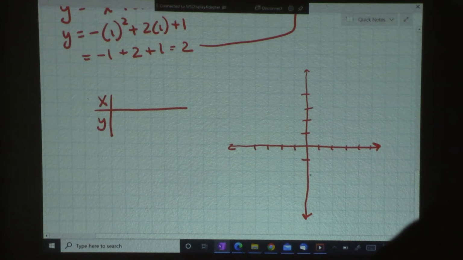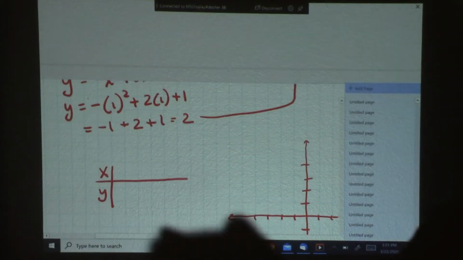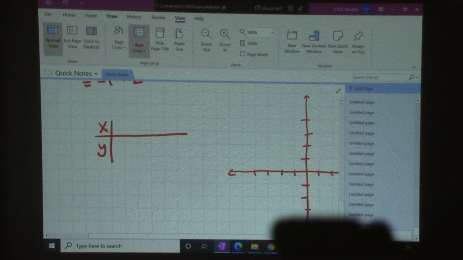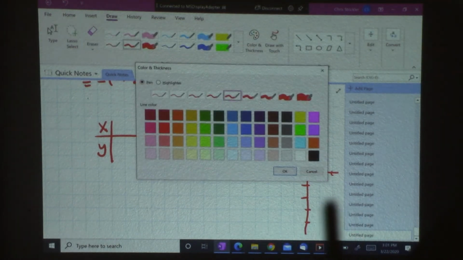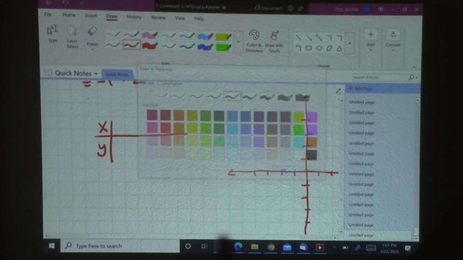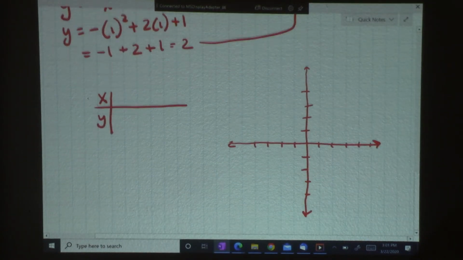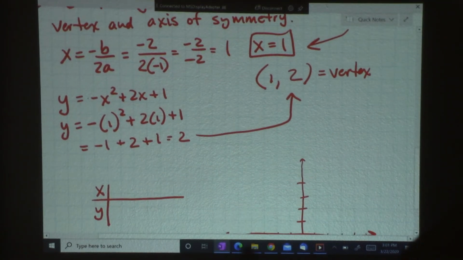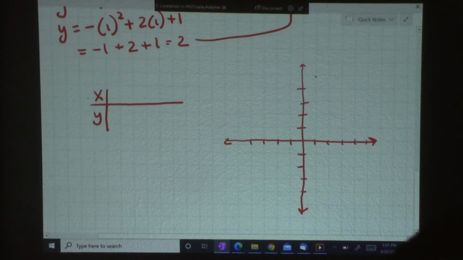I'm going to change colors in order to show the difference. Let's use black. So x equals 1. That's the axis of symmetry. So that's right here. X is always 1. It's a vertical line. And my vertex was 1, 2. So that's right here.